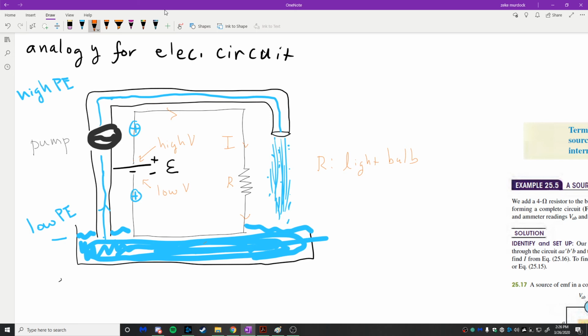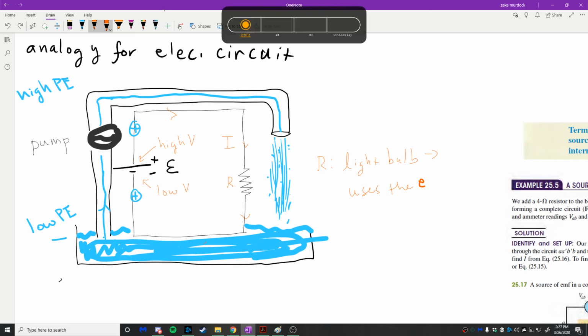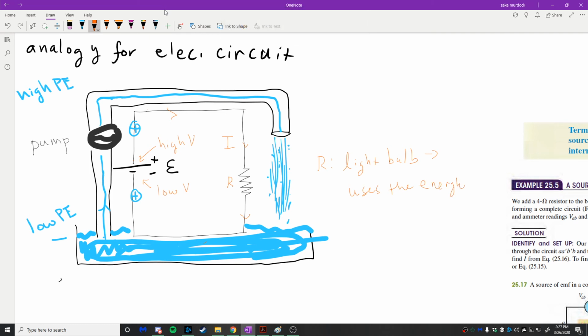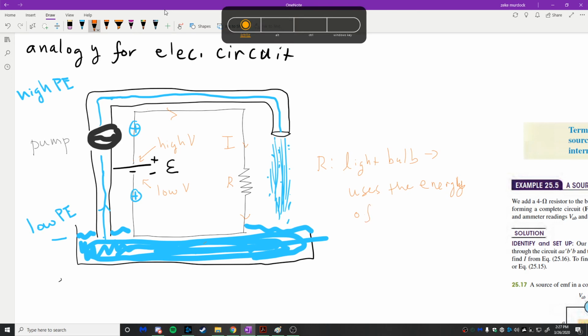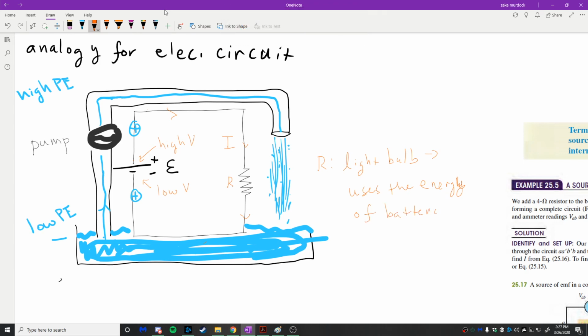So can anyone tell me, what would be an analog to something? So this resistor uses the energy of the battery, right?